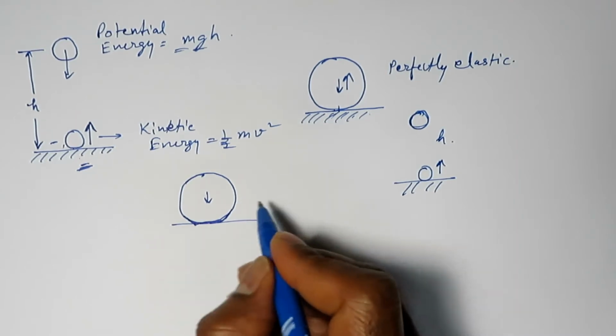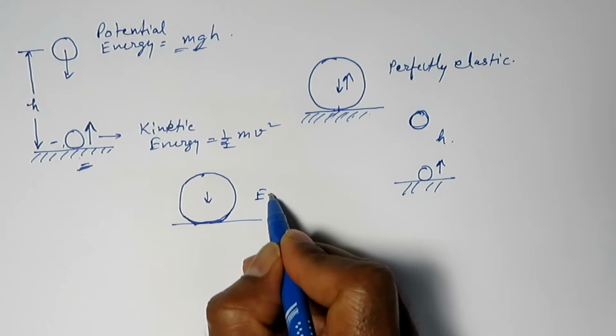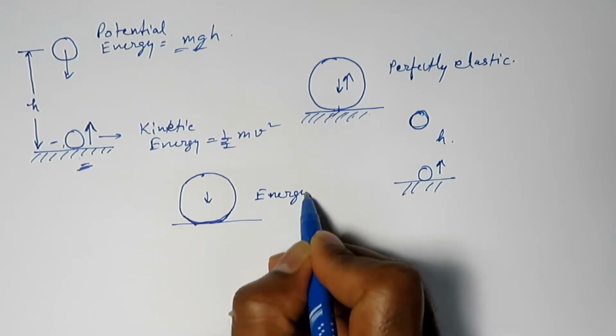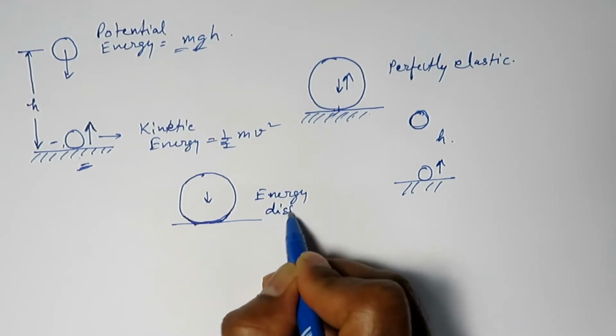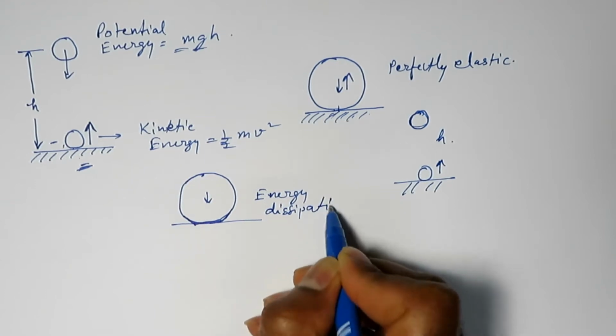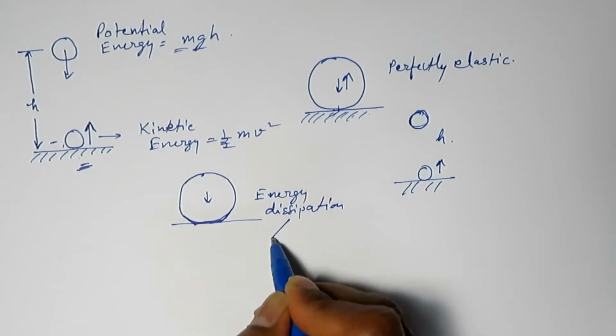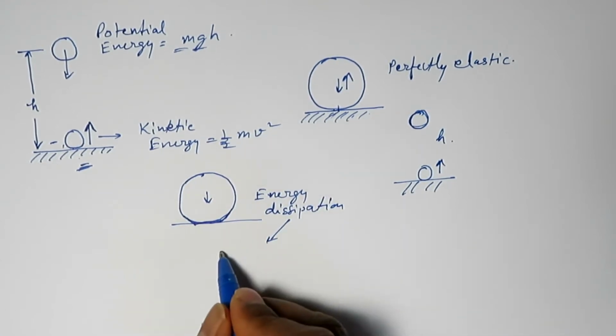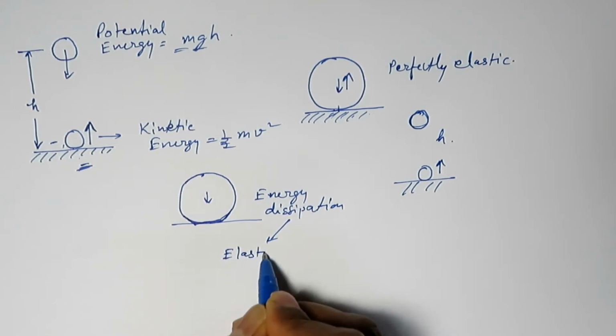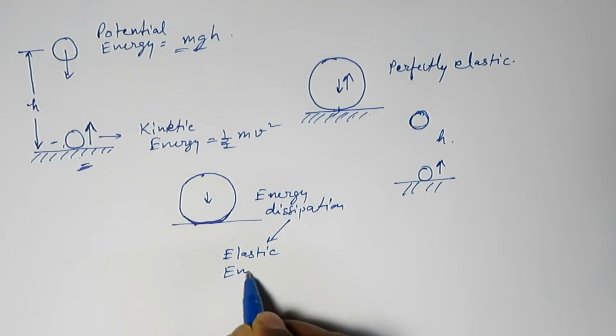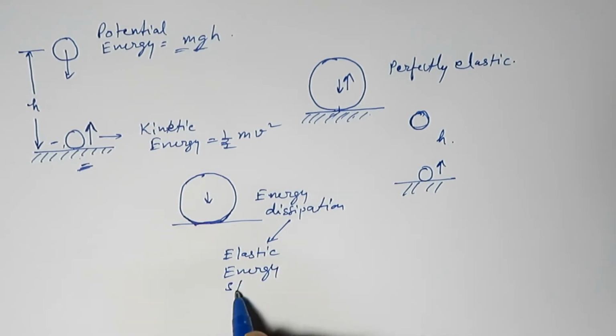This deformation is causing the ball to dissipate energy. This energy has two parts. The first part is the elastic energy storage, which is stored in the ball. The second part is the viscous loss, which is consumed during the deformation of the material.